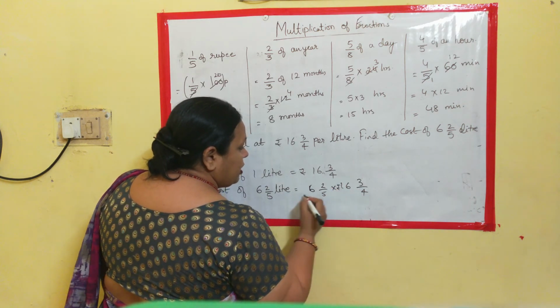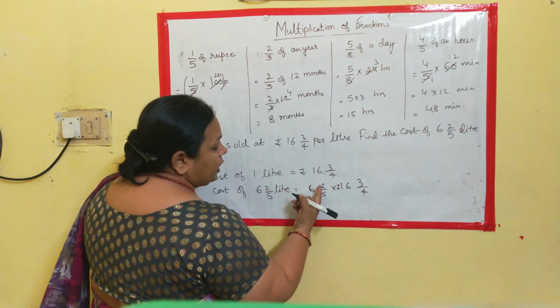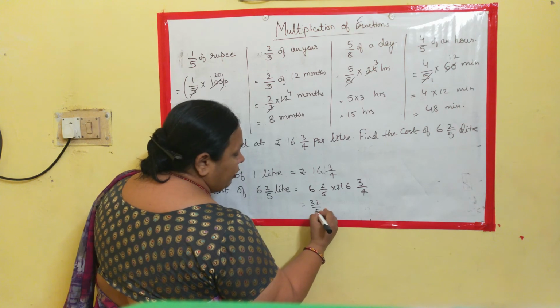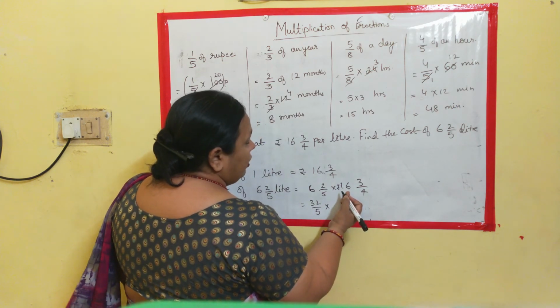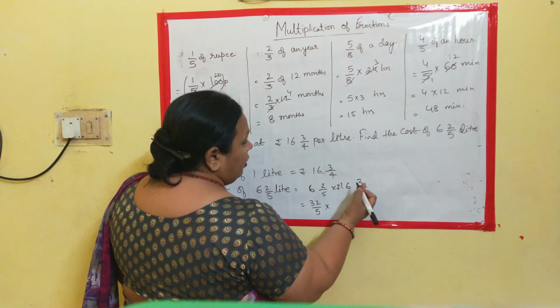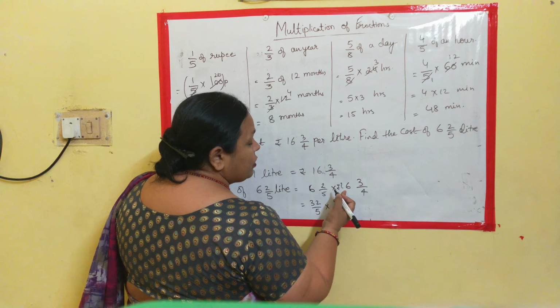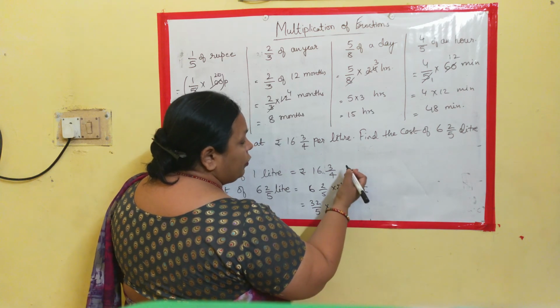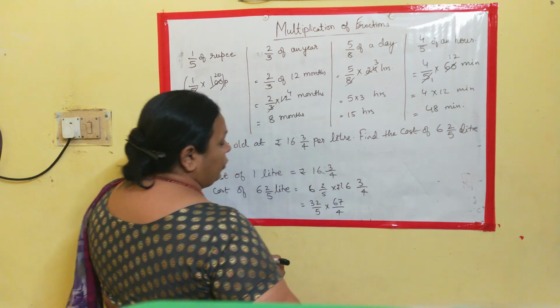Here it is rupees and here it is liter. So first conversion is 5 sixes are 30, 30 plus 2 is 32 by 5 into 16 3 by 4. 16 3 by 4 is 16 fours are 64, 64 plus 3 is 67 by 4.